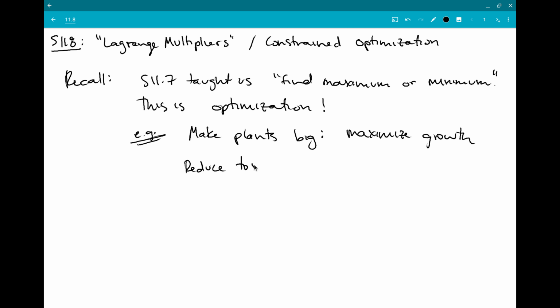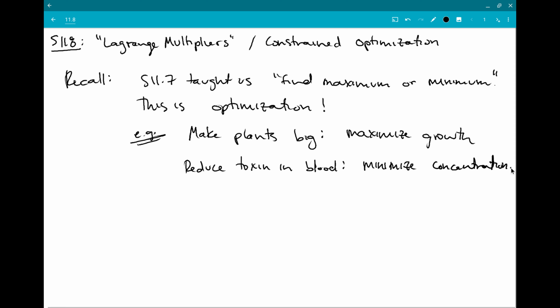Reduce toxin in blood, I'm minimizing its concentration. And so for all of those, maximize f of xy or find the critical points of f of xy, those are setting us up to solve optimization problems that could have real world explanations like this.